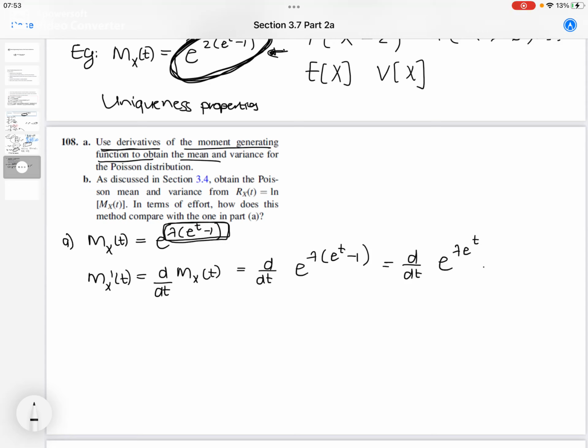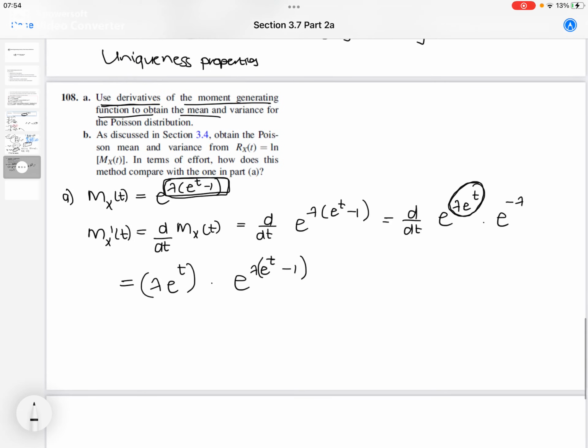Since e to the power t is in the power there, the derivative of the exponential function will be equal to lambda e to the power t times the function. Alright, so that's the first derivative of the moment generating function.